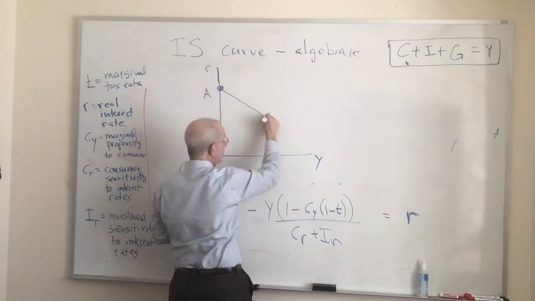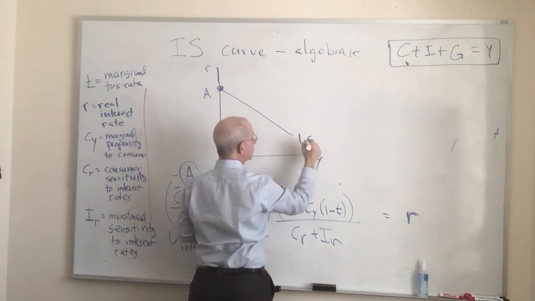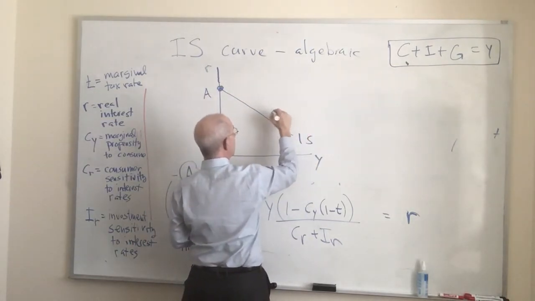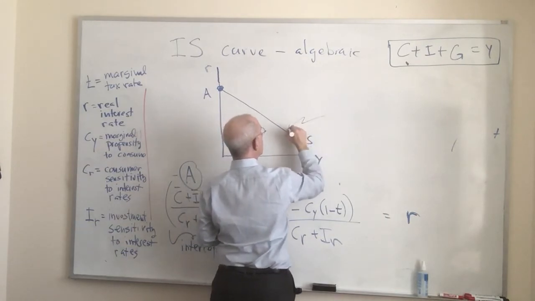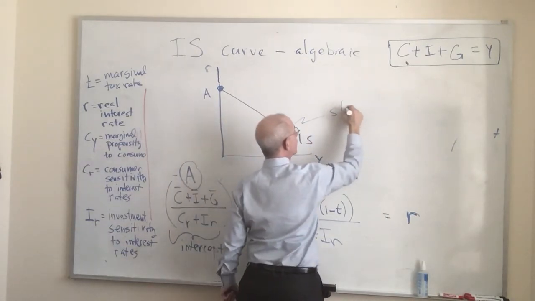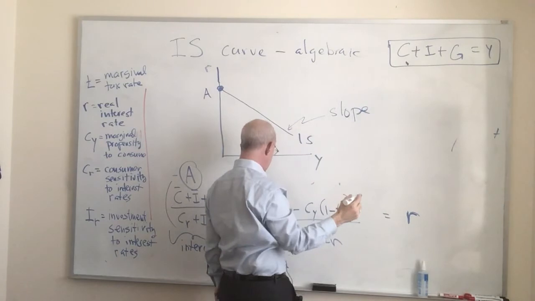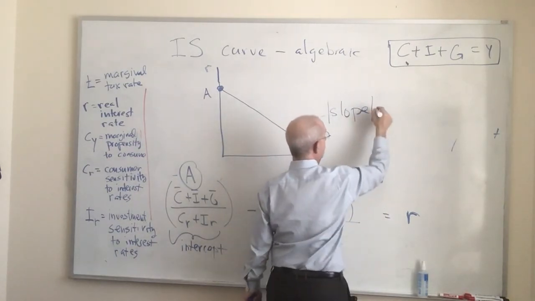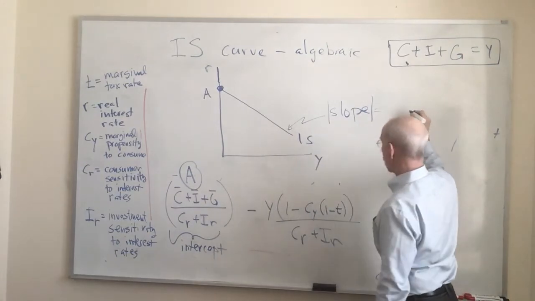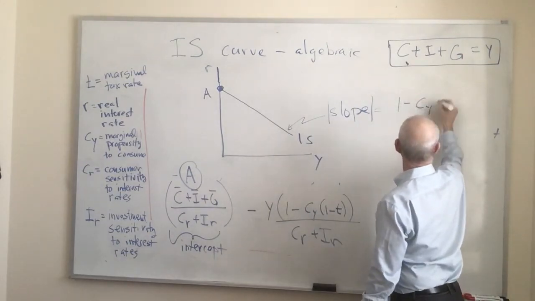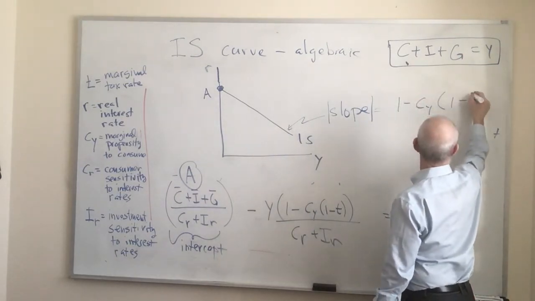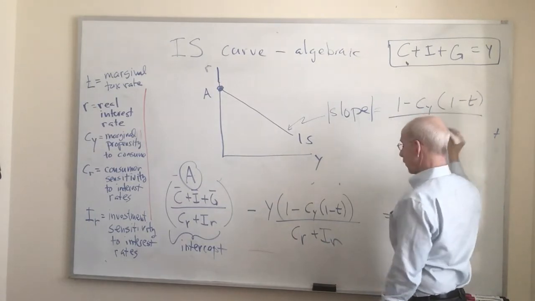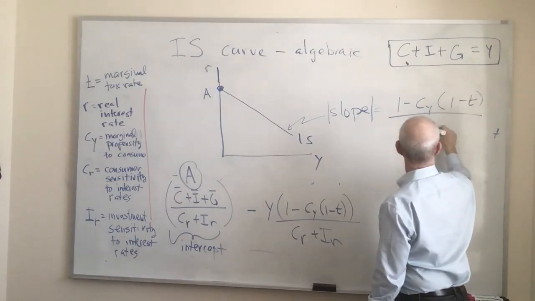So what we've got here is the IS curve, where the absolute value of the slope is 1 minus CY times 1 minus T over CR plus IR.